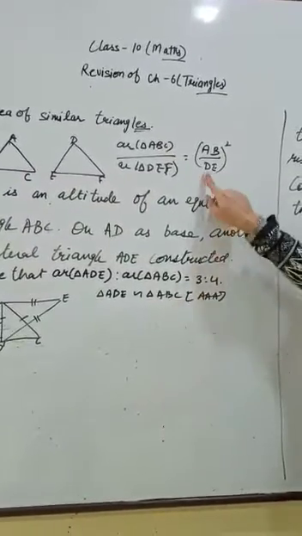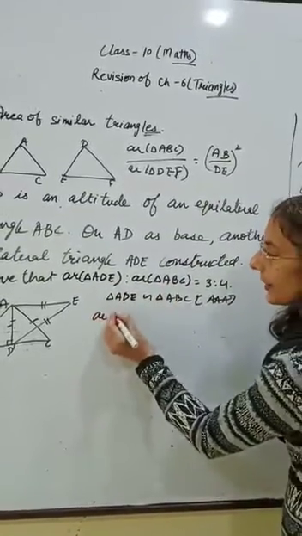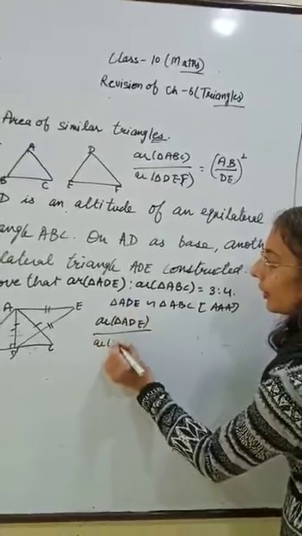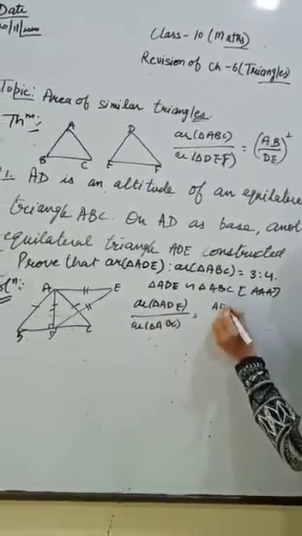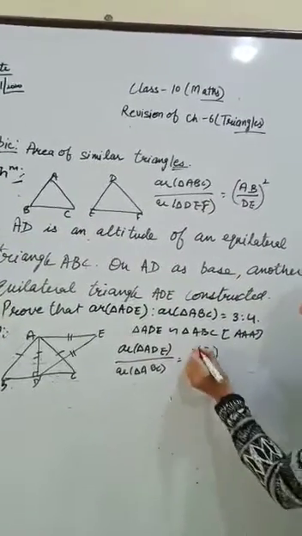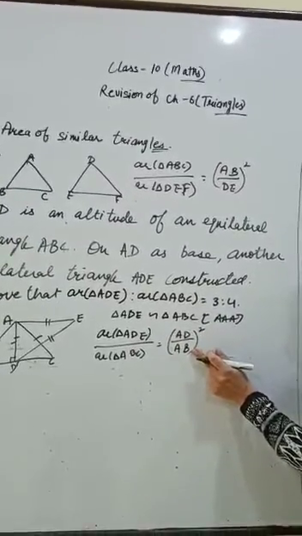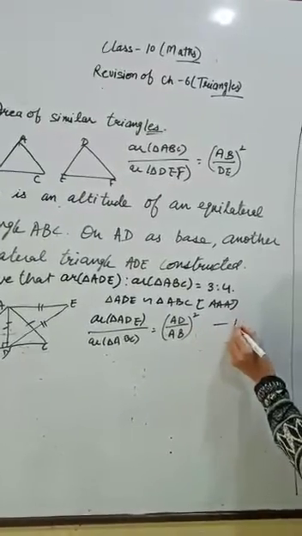So we can use the theorem: area of triangle ADE upon area of triangle ABC is equal to the square of the ratio of corresponding sides. Any one side we can take because all sides are equal. So it is the first part.